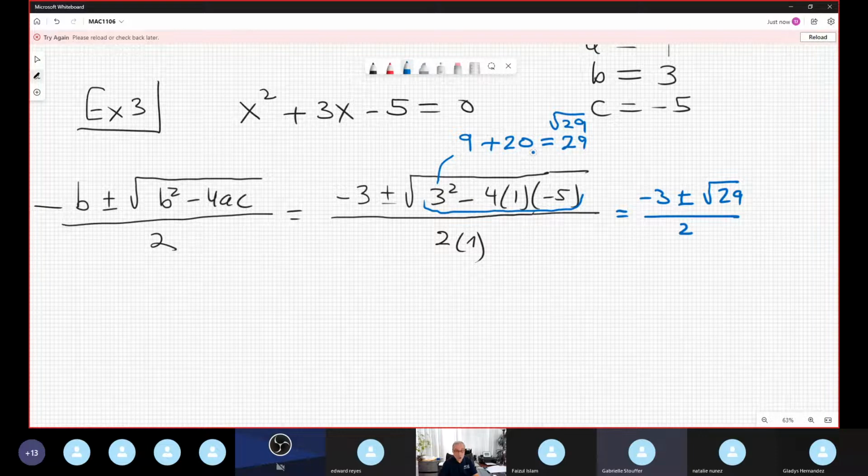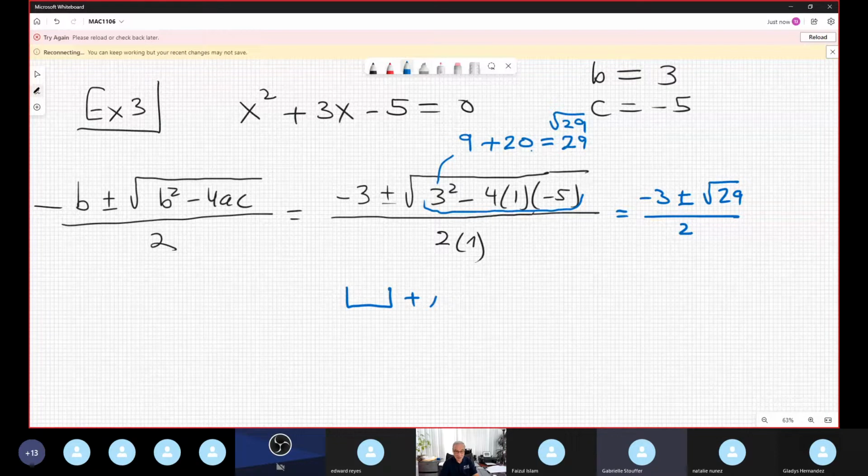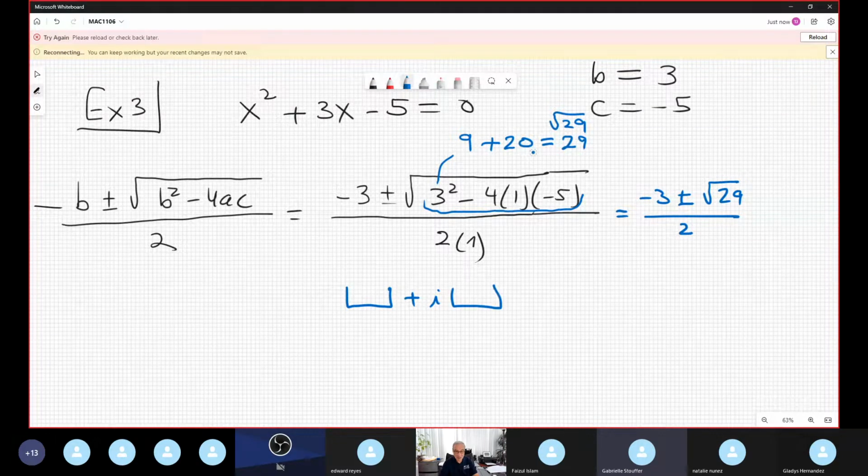In this case, no need to split like that because this is not complex. For complex you need the specification, real part, imaginary part, but this is not complex. This is a real number. Of course, it's a weird real number because it's irrational. The square root of 29 is irrational, but I'll leave it like that. So it's not mandatory to split these two.